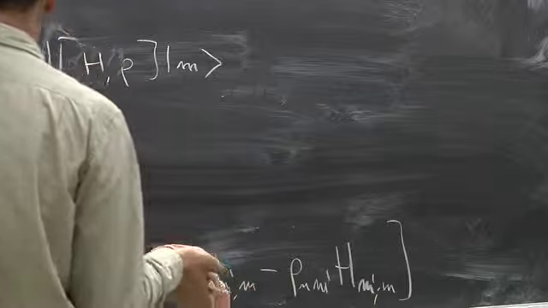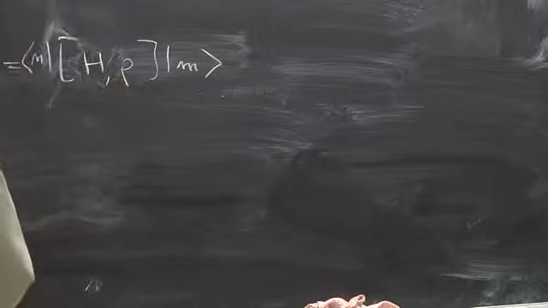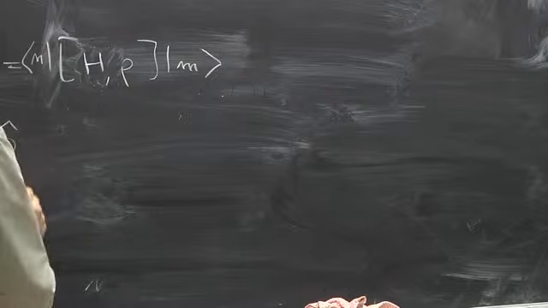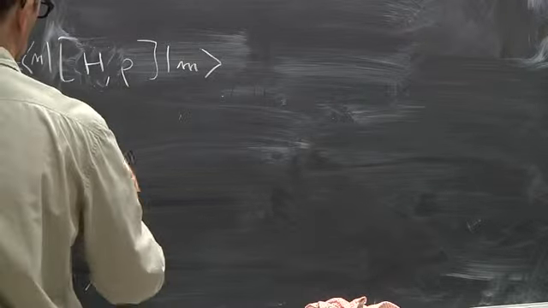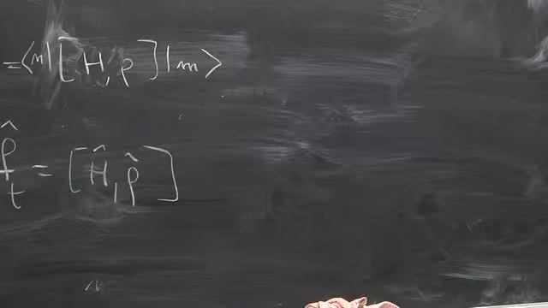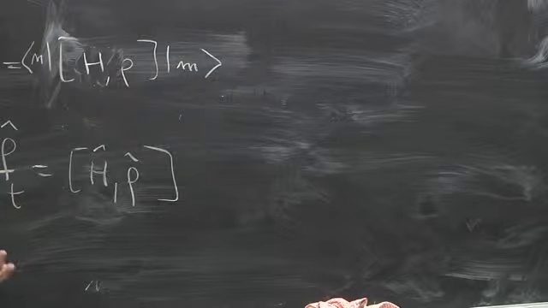This is quite an important result, because it tells you that i h bar d rho dt is equal to the commutator of h and rho. This is the quantum form of the Liouville theorem. If you remember, we discussed the Liouville theorem when we were discussing classical systems.